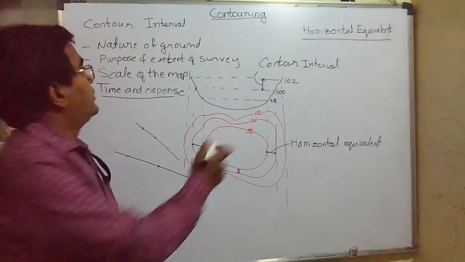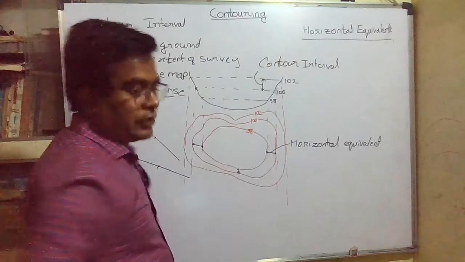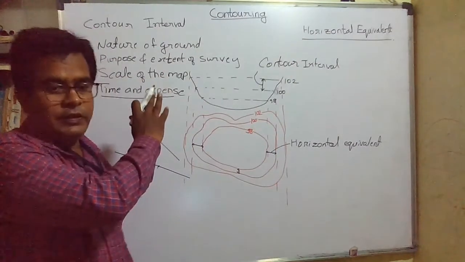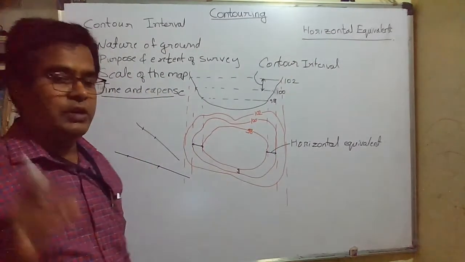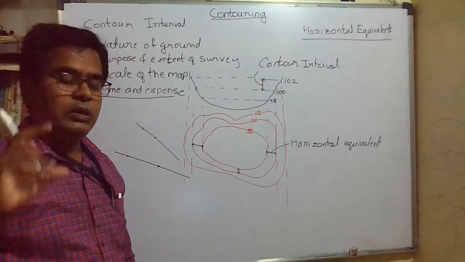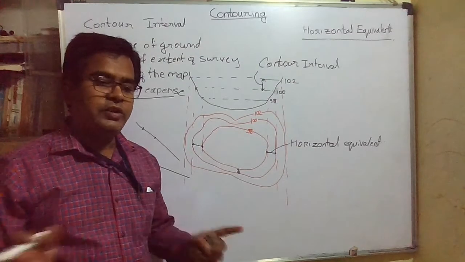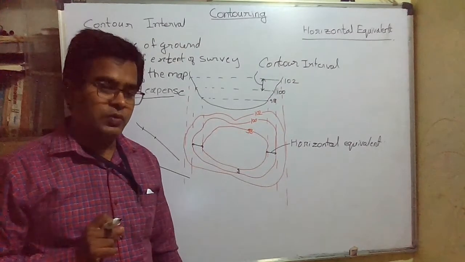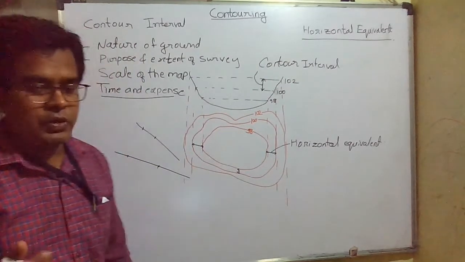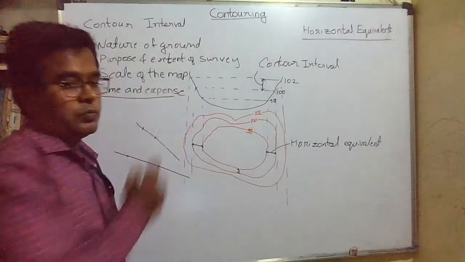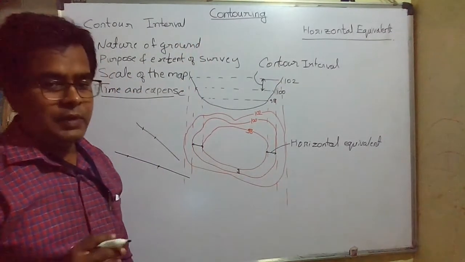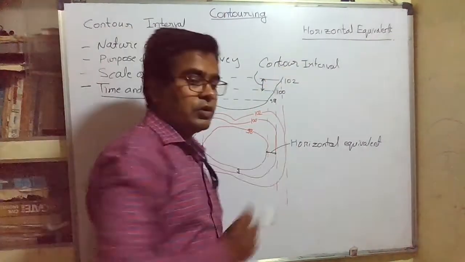So what is the difference between contour interval and horizontal equivalent? One is a definition: contour interval is the vertical distance between two consecutive contour lines, whereas the horizontal equivalent is the horizontal distance between two consecutive contour lines. Next, contour interval is constant for a map, while horizontal equivalent is not constant.